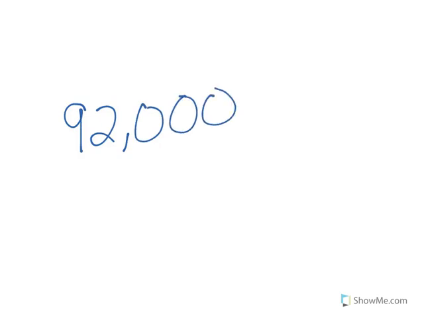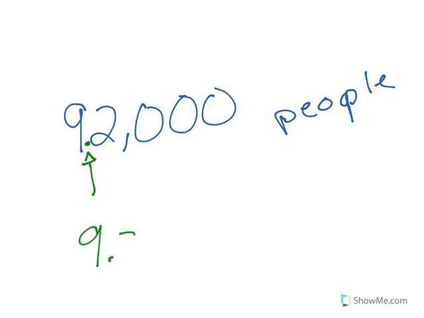So let's look at Nebraska's, with the new renovations, Memorial Stadium holds 92,000 people. I want you to pause and I want you to put that into scientific notation. Okay, so what you first do is you change your decimal. It has to go in between the first 2 numbers.